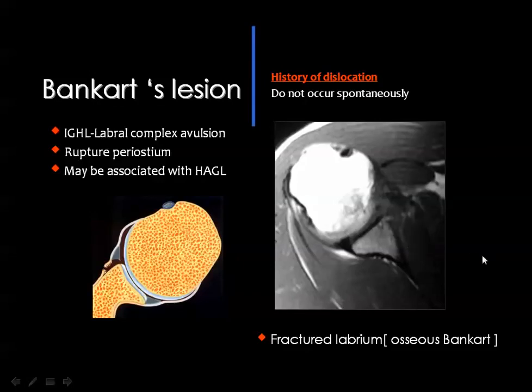You should know that this lesion does not occur spontaneously, and it needs a history of trauma and also a history of shoulder dislocation. In the axial image, you evaluate the anterior labrum at the level of the subscapularis tendon.